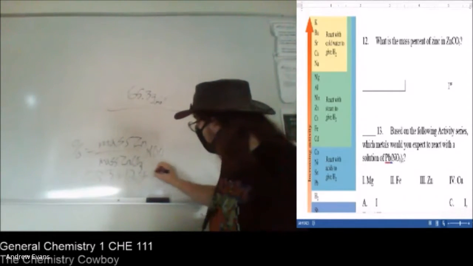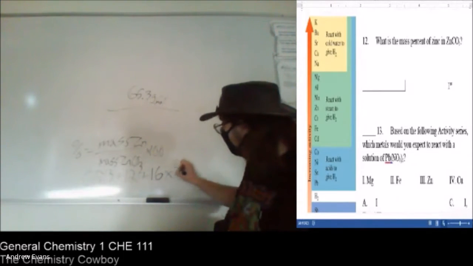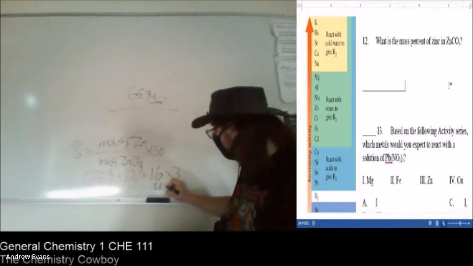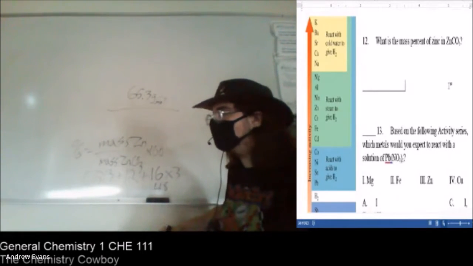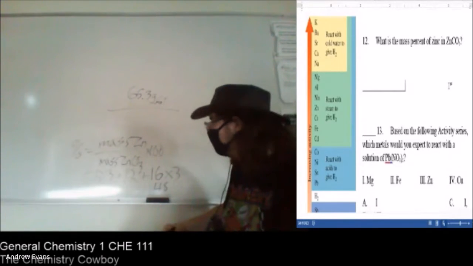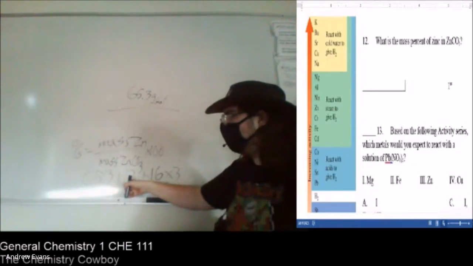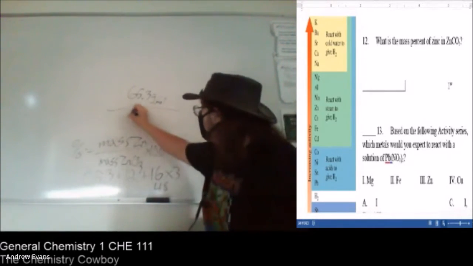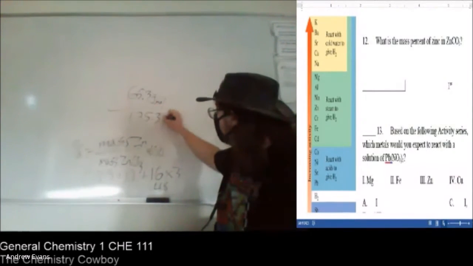We're going to add on 3 oxygens, each at 16, which is going to be what? 48. And if you're like, wow, he knows his crazy math, it's like you do 16 times 3 a billion times and you're bound to remember it. 48 plus 12 is 60. So you get 125.3 grams per mole.